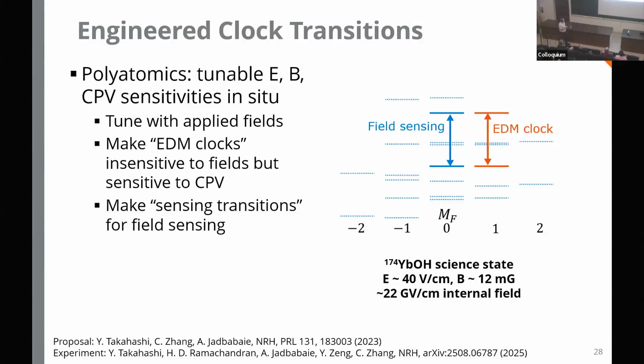These two states become a clock transition because their field sensitivity vanishes, but this state maintains very high field sensitivity. And so this approach is fairly generic in polyatomic molecules with these symmetry-lowered states, although this is an example that we worked with experimentally quite a bit.